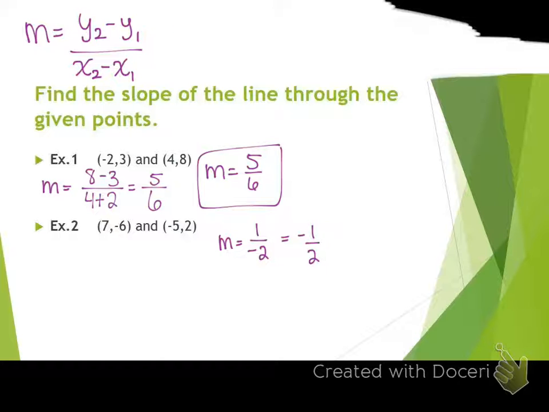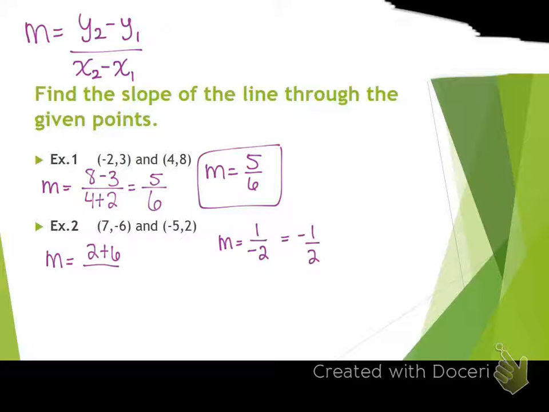Let's see. In our numerator, what should we have had? 2 plus 6. We have to do y's on top, so 2 plus 6 on top.